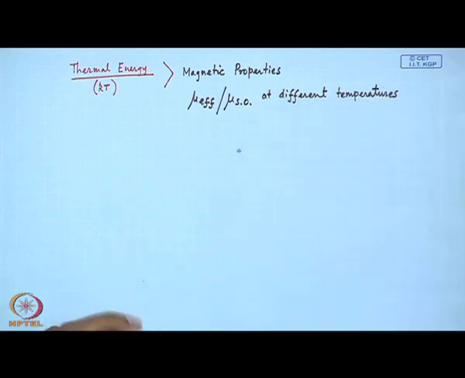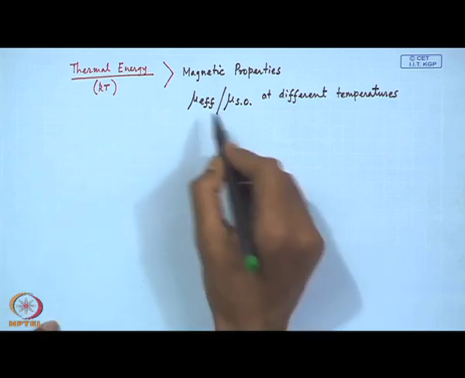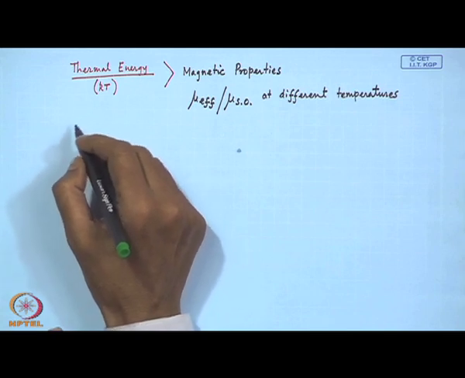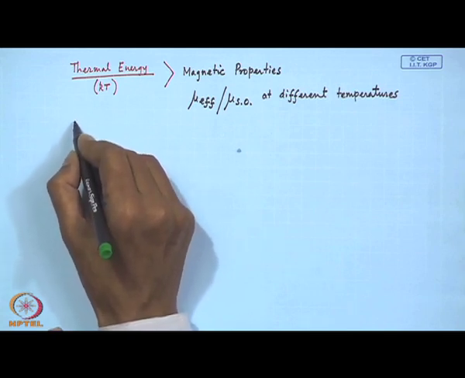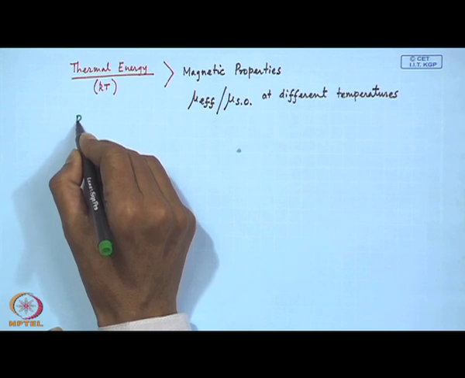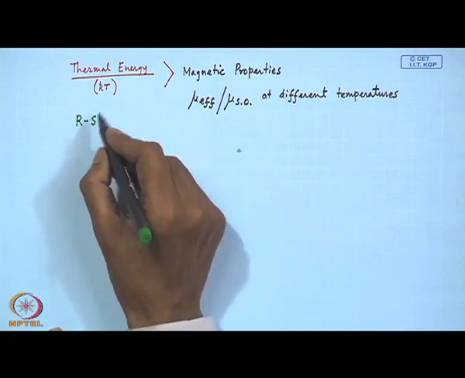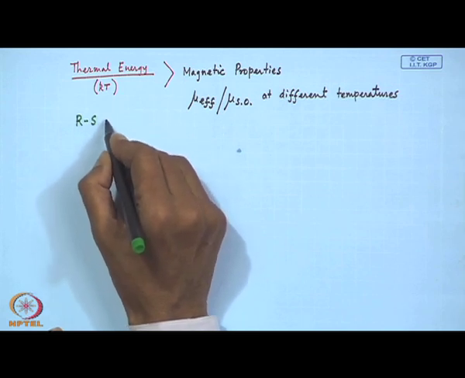So this we can determine at different temperatures, and when we do so, we see that the available unpaired electrons are coupled in a fashion which we already discussed, the Russell-Saunders coupling scheme.